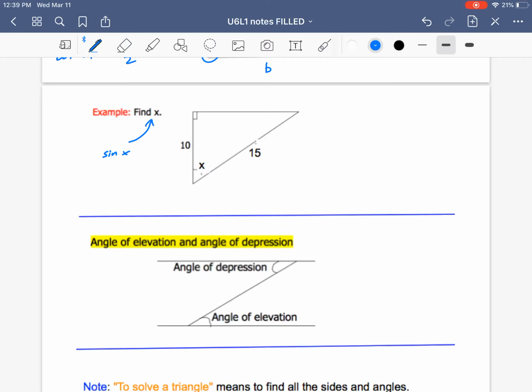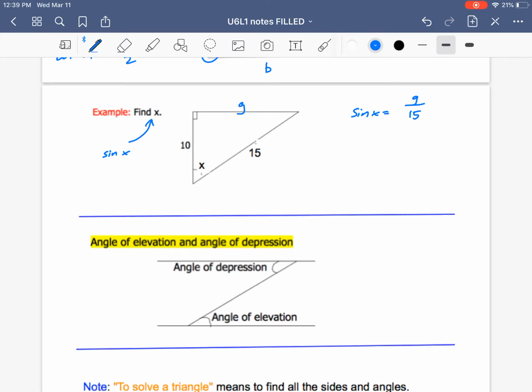All right, so in order to find sine of x, if we remember, sine of x is equal to, in this case, this side, which I don't know, that's a bad variable. Let's call this g. So sine of x is equal to g over 15. If I can solve for g, then I can actually get a ratio. So we've got to remember right triangles.